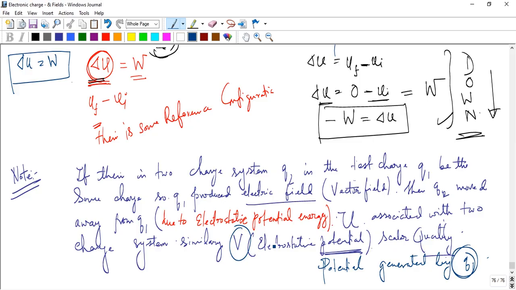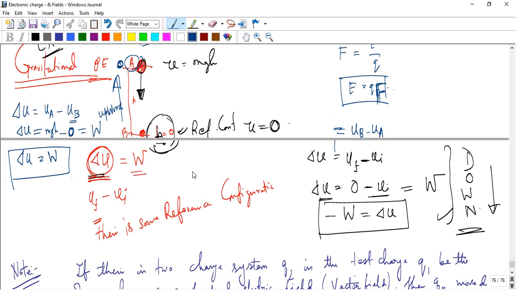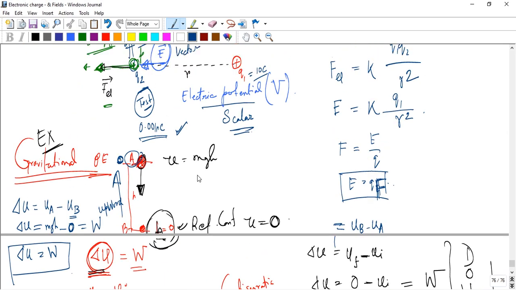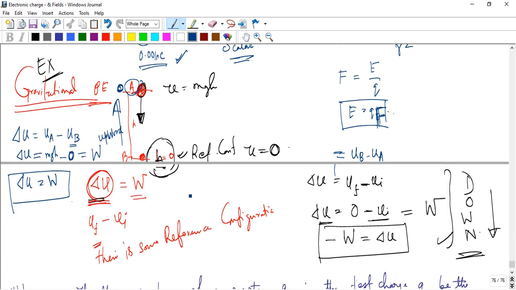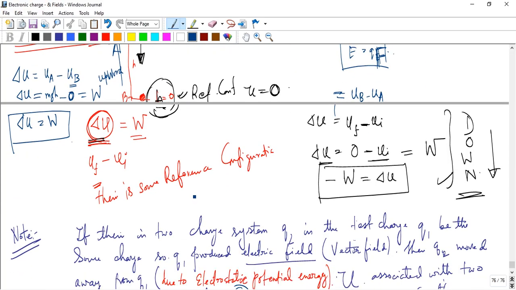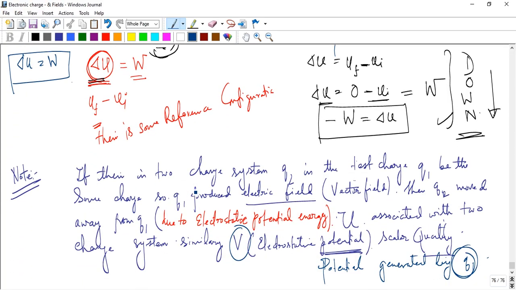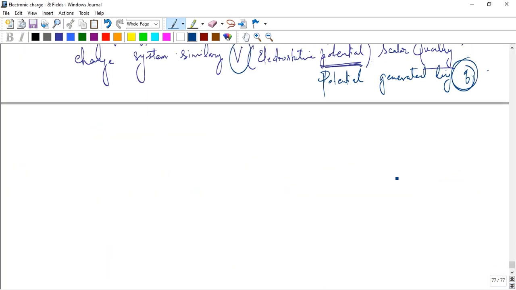Suppose there is a two charge system, a similar case, and there is some important point. The work done by the field is a conservative energy, and we discuss the work by the applied force. We skip that part, not to discuss now, but we discuss some calculation. The calculation is the main important part.